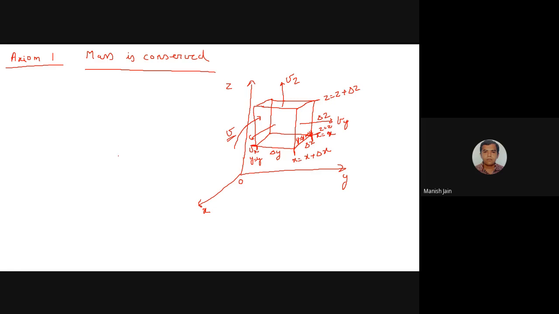Now we will write that mass is conserved. So suppose the rate of accumulation of mass in a time delta t. So first is the accumulation term.